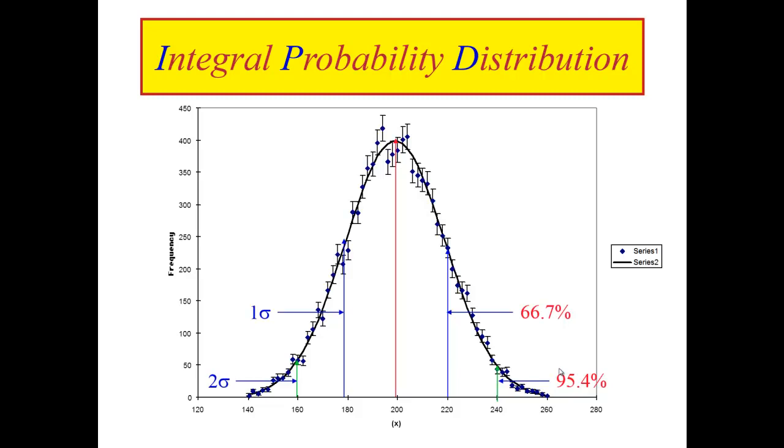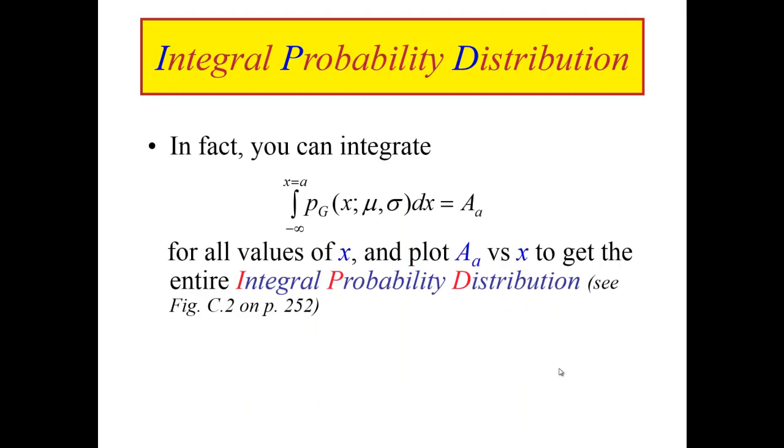So results that fall that far away from the mean are very uncommon in a Gaussian distribution. And you can see on page 252 of your textbook that you can even come up with a plot of these values versus x, and you can define what's called the integral probability distribution.